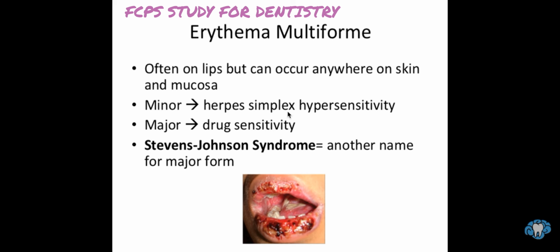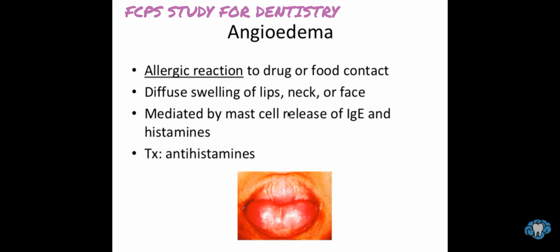Next we have angioedema, and this is an allergic reaction to drug or food contact, physical contact with one of these things. It results in this characteristic diffuse swelling of the lips, also could involve the neck or the face. It's mediated by mast cell release of IgE and histamines.